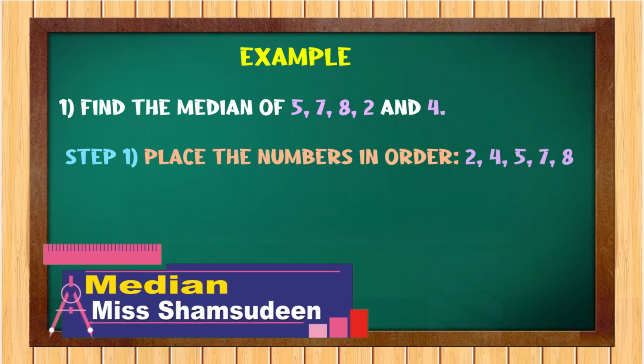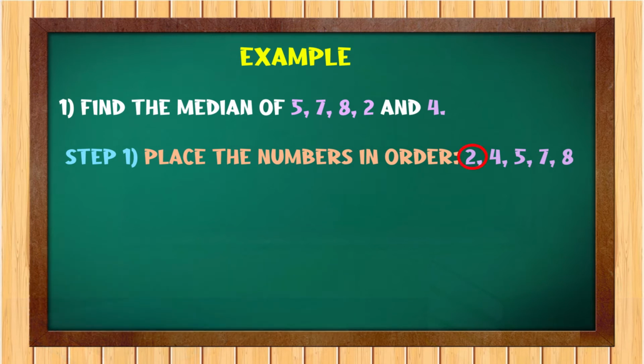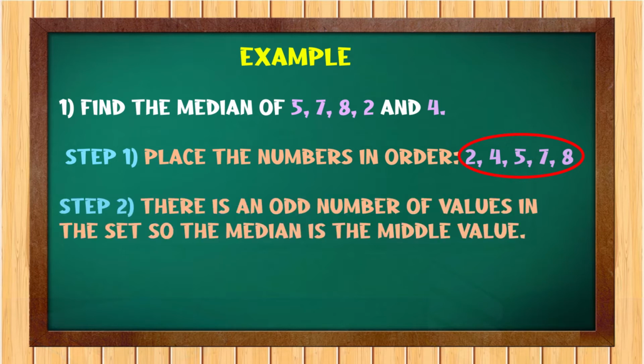Now, if we count how many numbers we have here, we have 1, 2, 3, 4, 5. We have 5 numbers in this set. We know that 5 is an odd number, so we have an odd amount of values. So we check now for the middle value.